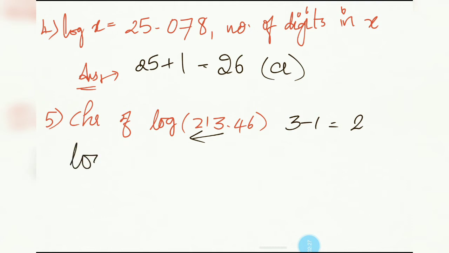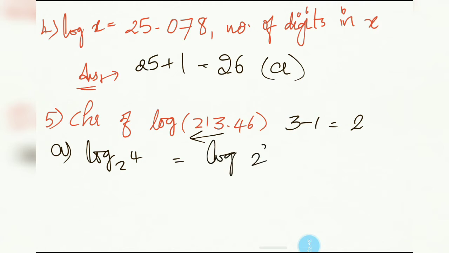Okay, so first the A option. In the A option, what they have given to us is log 4 to the base 2. Now we can simplify this, right? 4 can be written as 2 square, so log 2 square to the base 2. Now this power will come in front of the log.